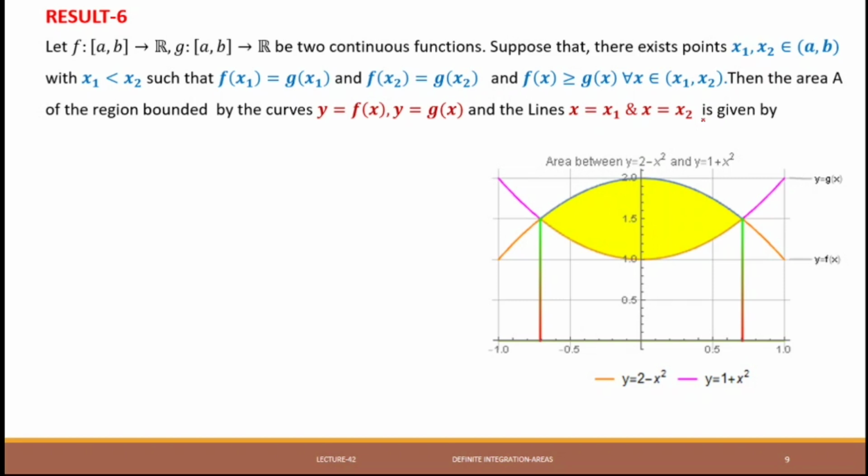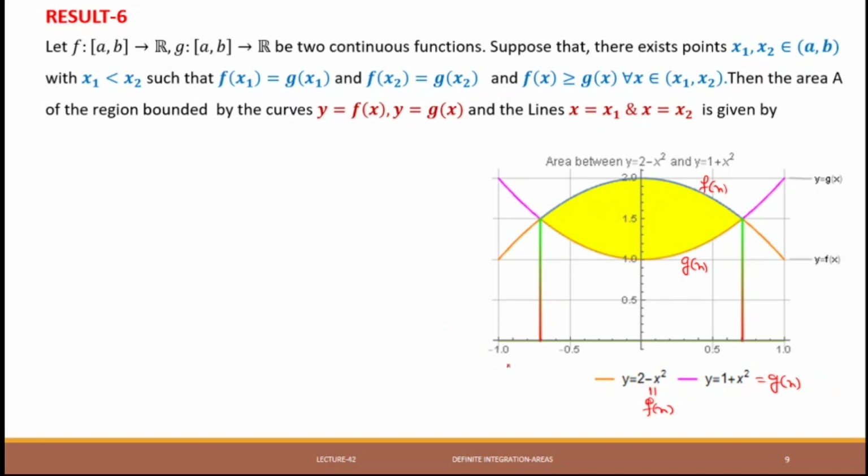So this is the graph that I would like to show for this particular statement. This is the curve g of x and this is the curve f of x, and you can see the formulas for the curves: y is equal to 1 plus x square is my g of x, and y is equal to 2 minus x square is my f of x.